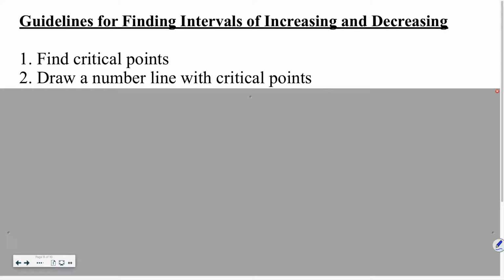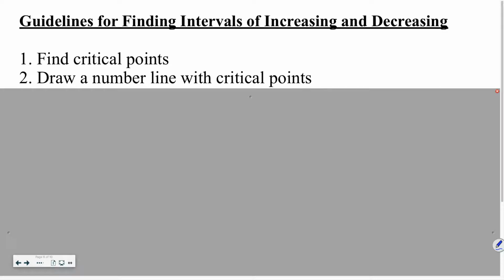Why would I ask you to put them on a number line? If we can determine what's happening in between the critical points, those are our only options of changing directions.